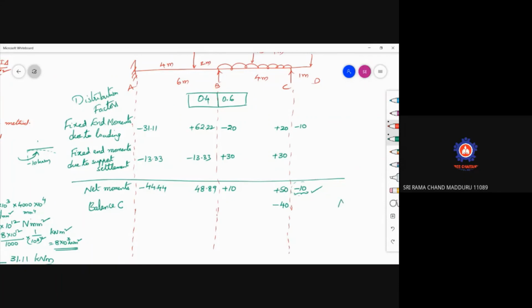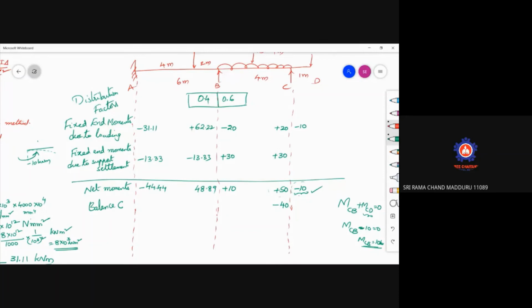That means here the joint condition to be satisfied is MCB plus MCD is equal to 0. And what is the value of MCD? Minus 10. So MCB minus 10 is equal to 0, so MCB is equal to plus 10 kilonewton meter. To obtain plus 10, here already plus 50 is there.